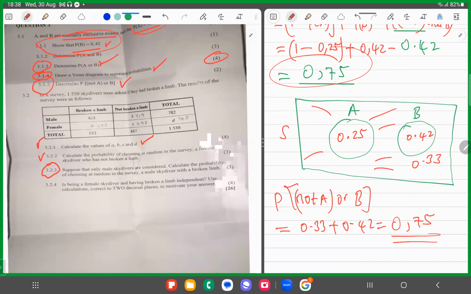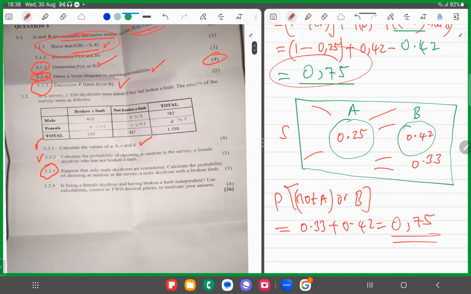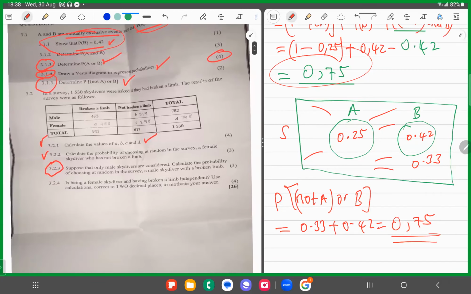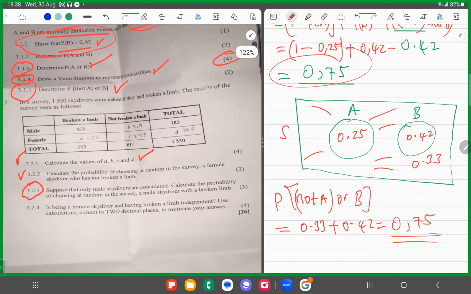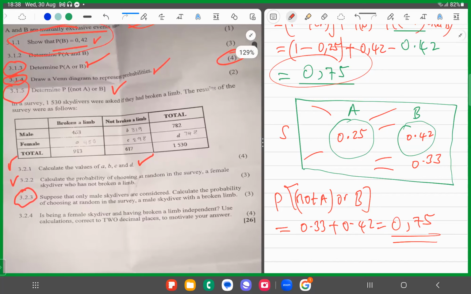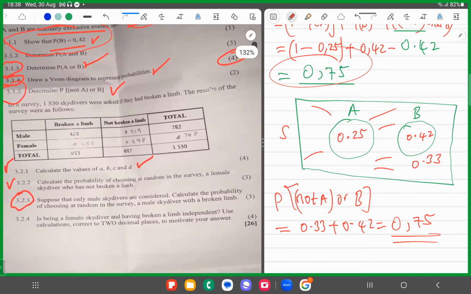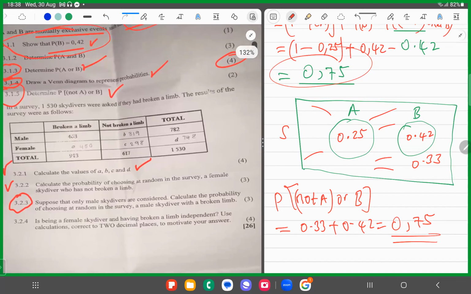Suppose that only male skydivers are considered. Then what more?